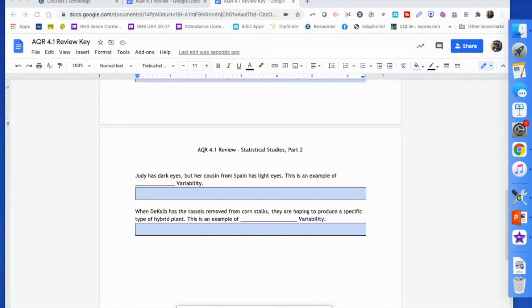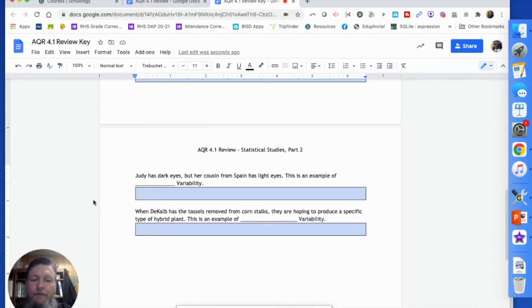Okay, so anyway, the very last two slides talk about variability, very specific stuff. Judy has dark eyes, but her cousin from Spain has light eyes. This is an example of what kind of variability? When DeKalb has tassels removed from corn stalks, they're hoping to produce a specific type of hybrid plant. This is an example of blank variability.